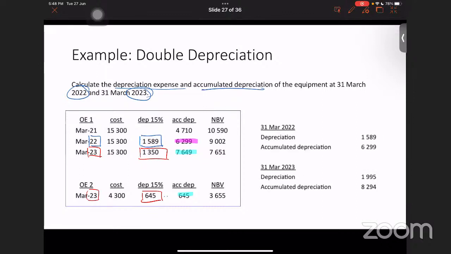If you sum these two up, this is what you will get. Same for the acute D. You sum these two up, this is what you will get. So very simple with the table, right? Just plug the numbers and you are good to go.